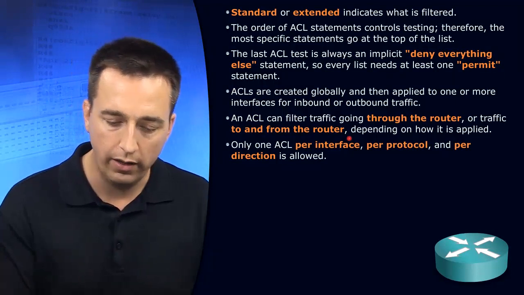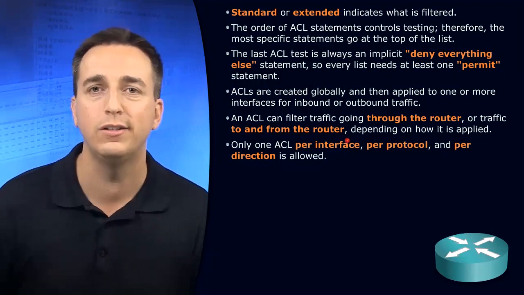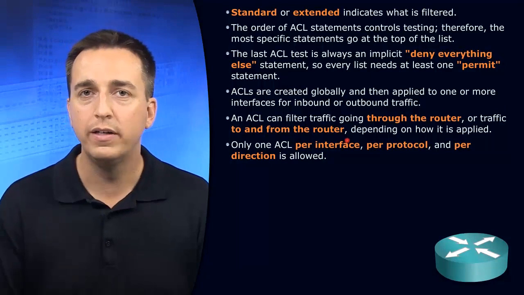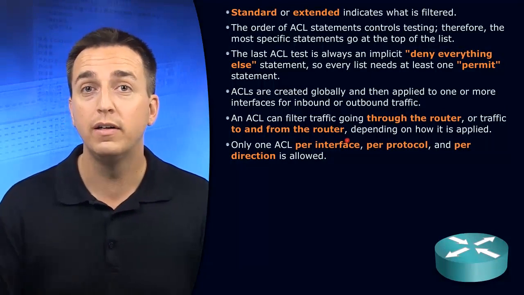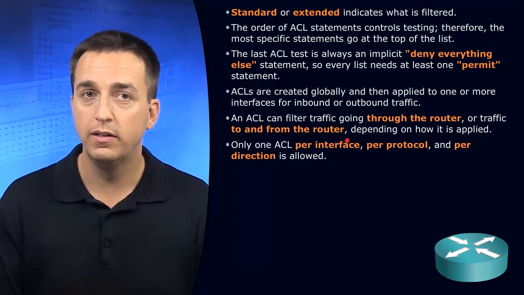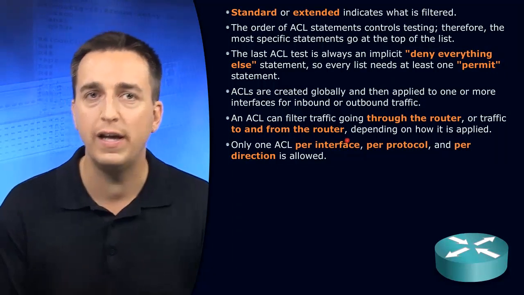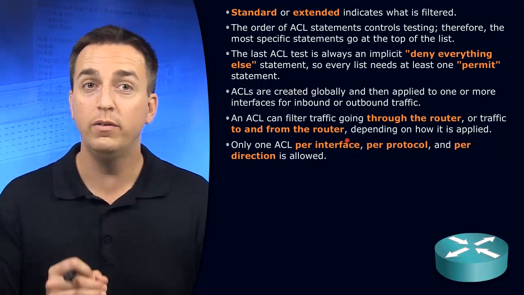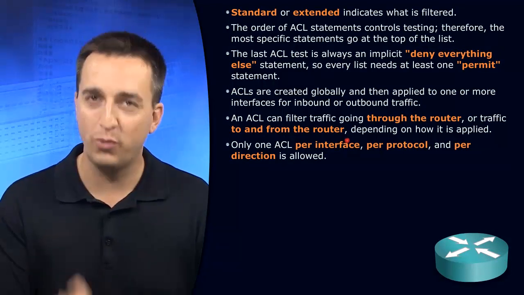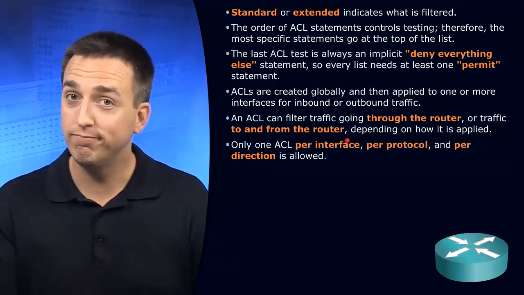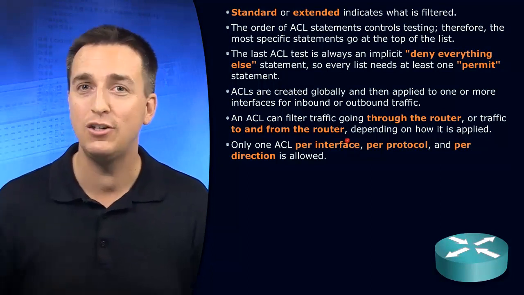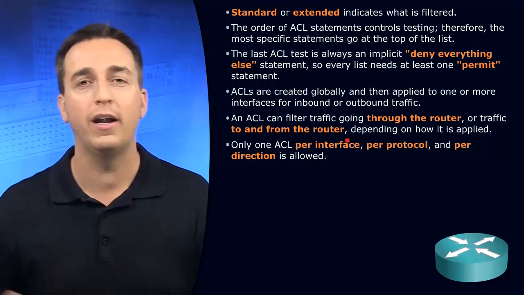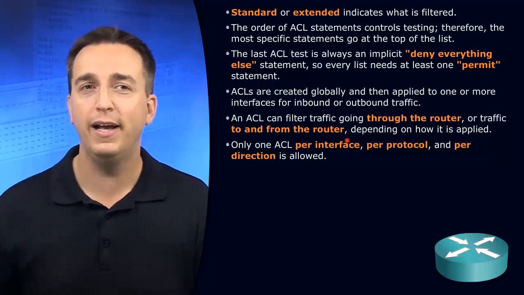So technically on an interface, let's say GigabitEthernet 0/1, you're running IPv4, you could have an ACL applied inbound and outbound. So it's one per interface, per protocol, per direction. However, as I've just explained to you, since it's per direction, we can technically have two on every single interface, one inbound and one outbound.